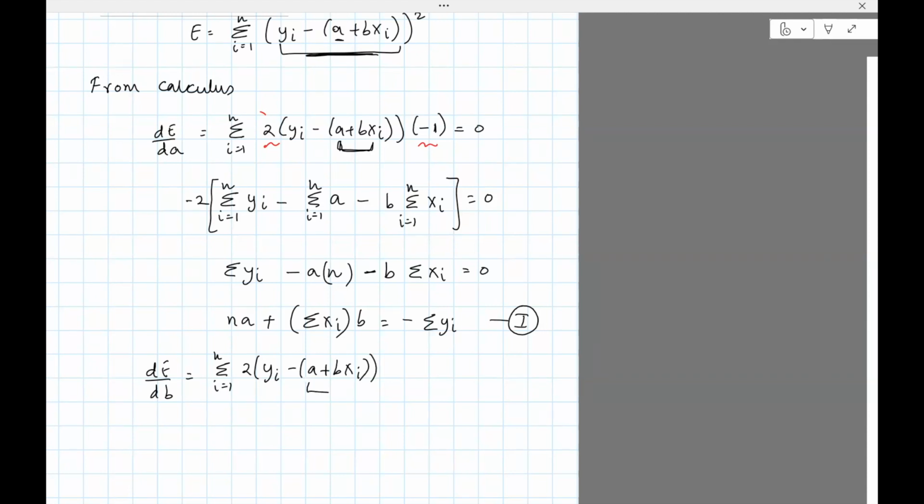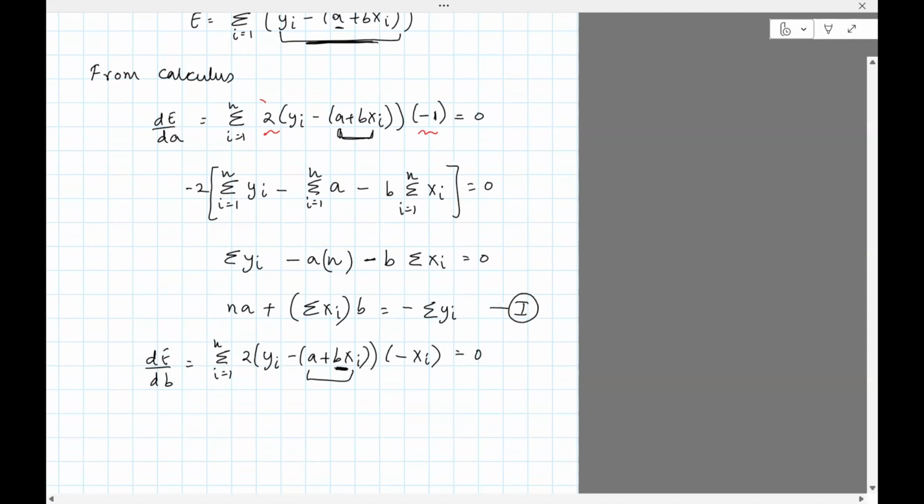And then I need to take the derivative of a plus b xi, which would be minus xi, because the derivative with respect to b. Equal to 0.